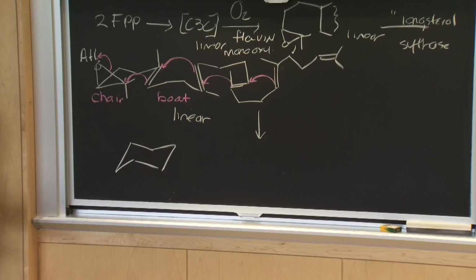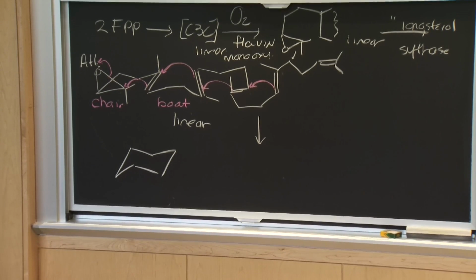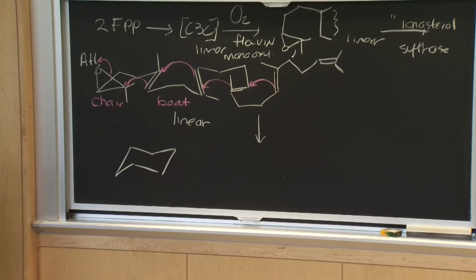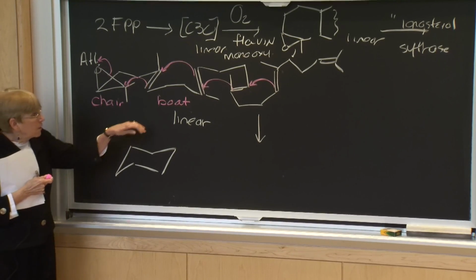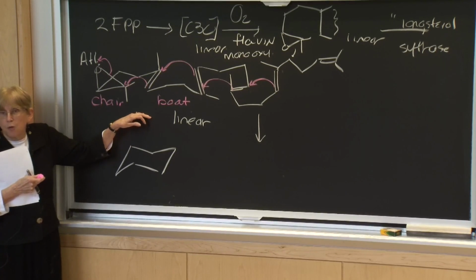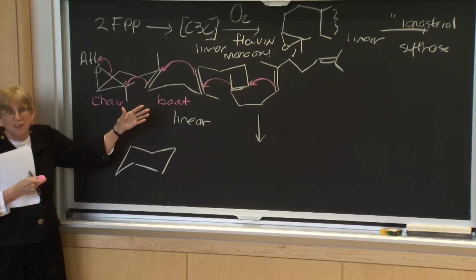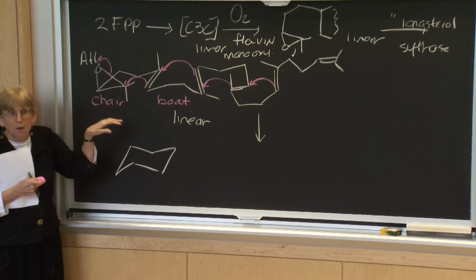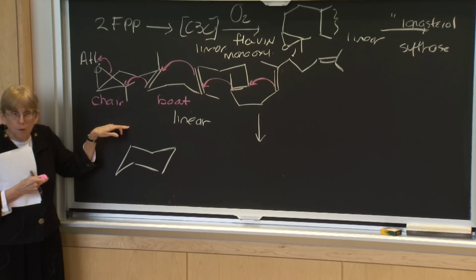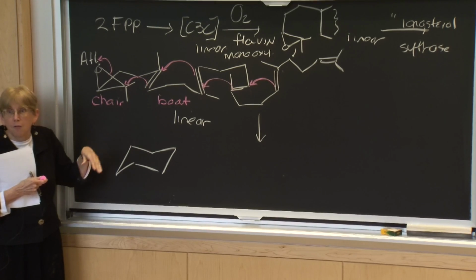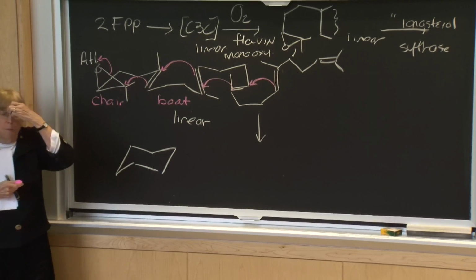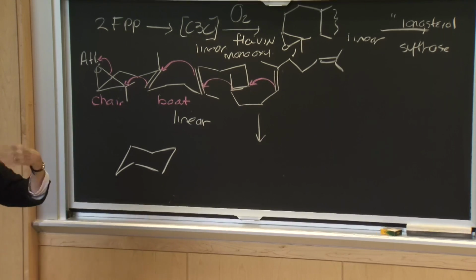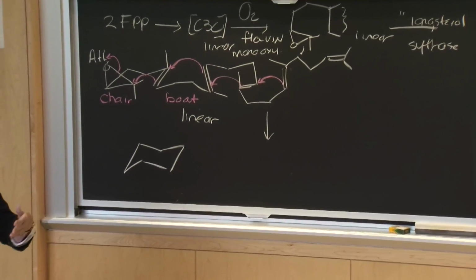And one of the general rules I told you last time about terpene chemistry in general was what do the enzymes do in the active site to transform something that's linear into something that's cyclic? They need to fold the molecule into the right conformation. And that can in part be done, the fact is the active site is very hydrophobic. We talked about that.